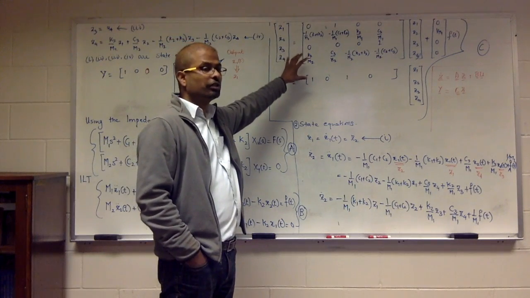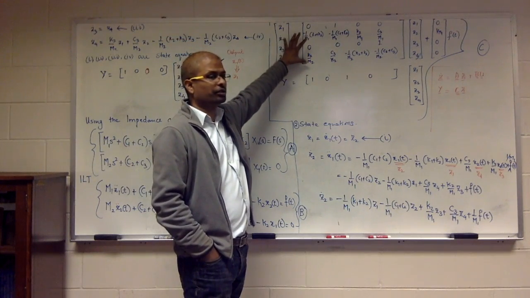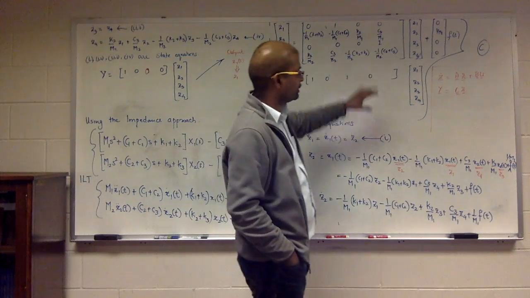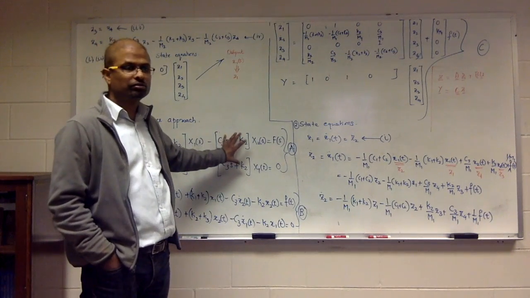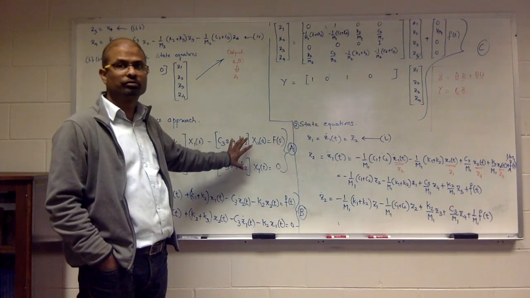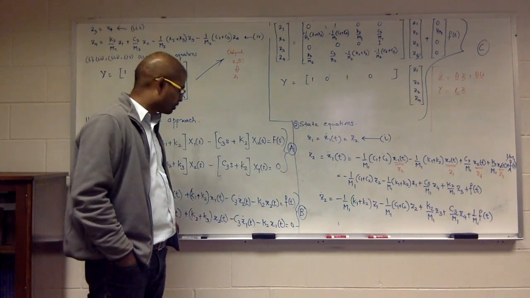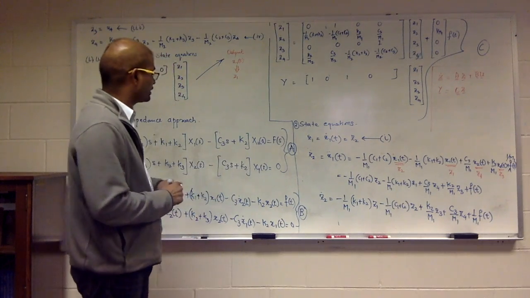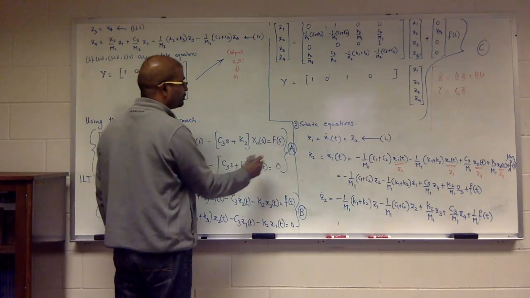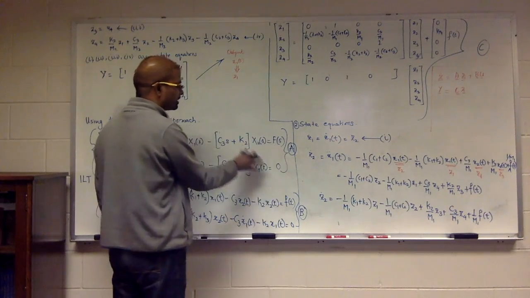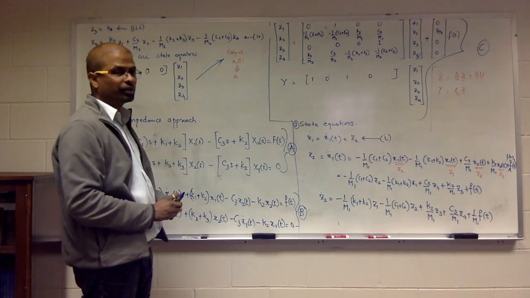So this will tell you only dynamics. Ultimately this will not help you solve a control problem. What will help you solve a control problem is extracting the transfer function using Cramer's rule. Keep in mind, A is just a set of equations defining the dynamics.